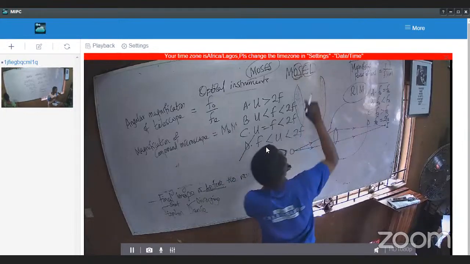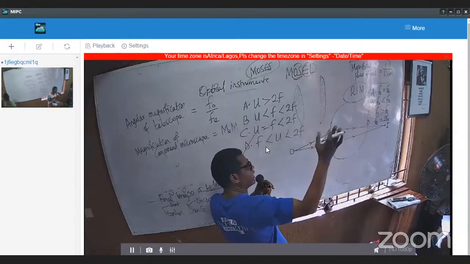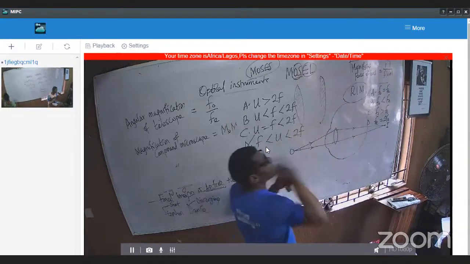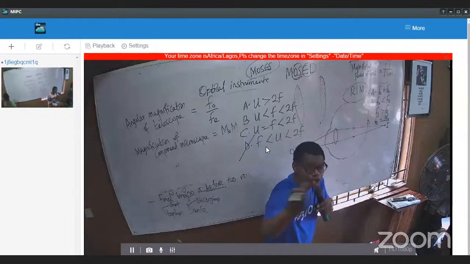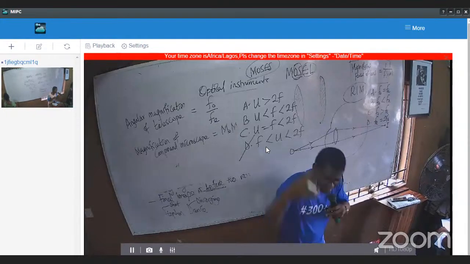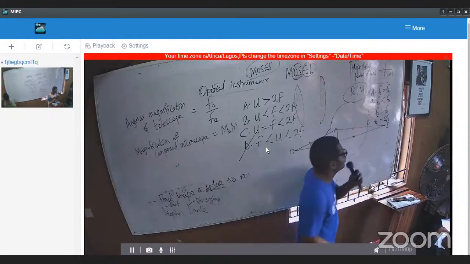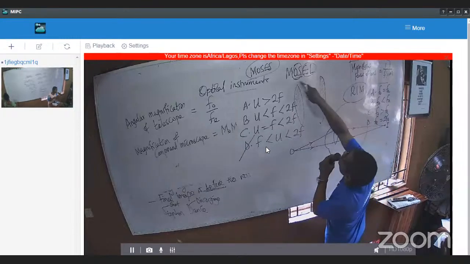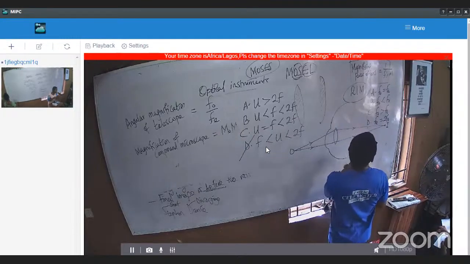Eyepiece is a bit long. Or you can use the word comparative, longer. Is my grammar clear to all of you? They are both short, but one is longer. If I put two young girls that are short, one is still taller than the other one. So if objective is short, eyepiece is long, what's the answer now?